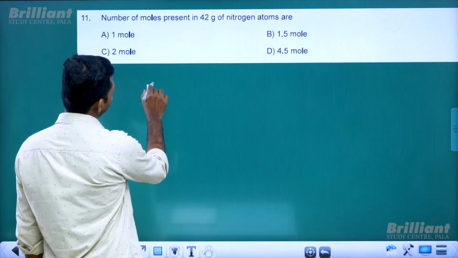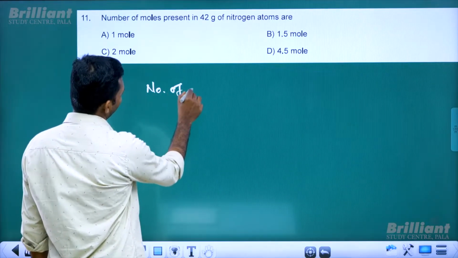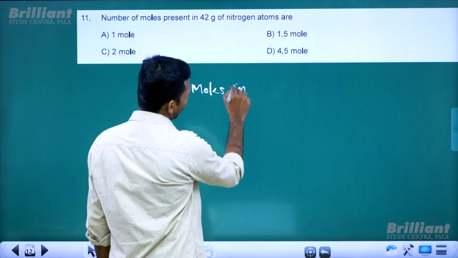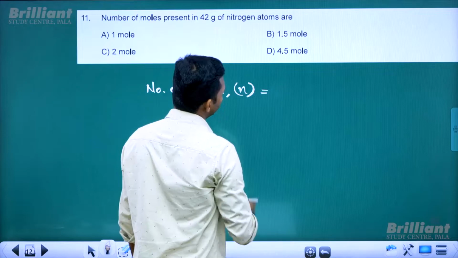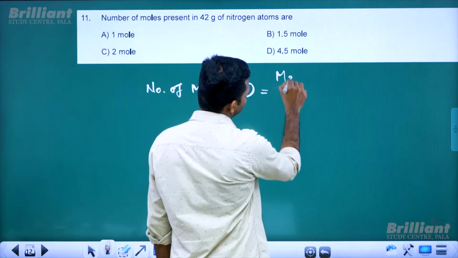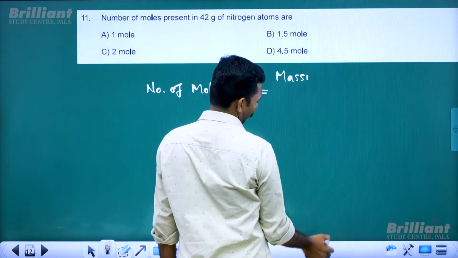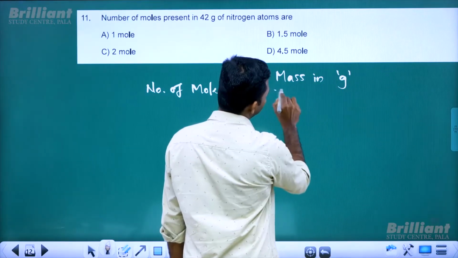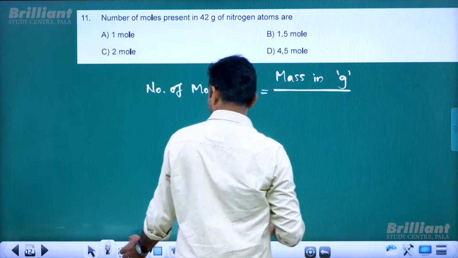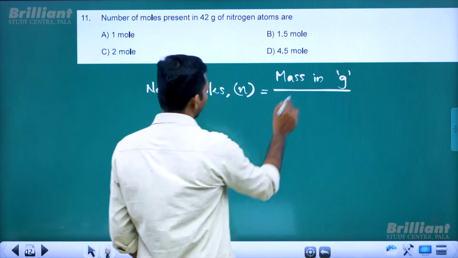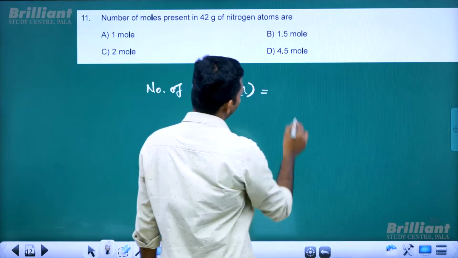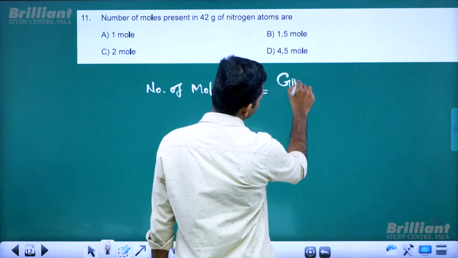Number of moles, represented as n, is equal to given mass divided by molar mass or molecular mass. I think it is most appropriate writing given mass, that may be more clear to you.